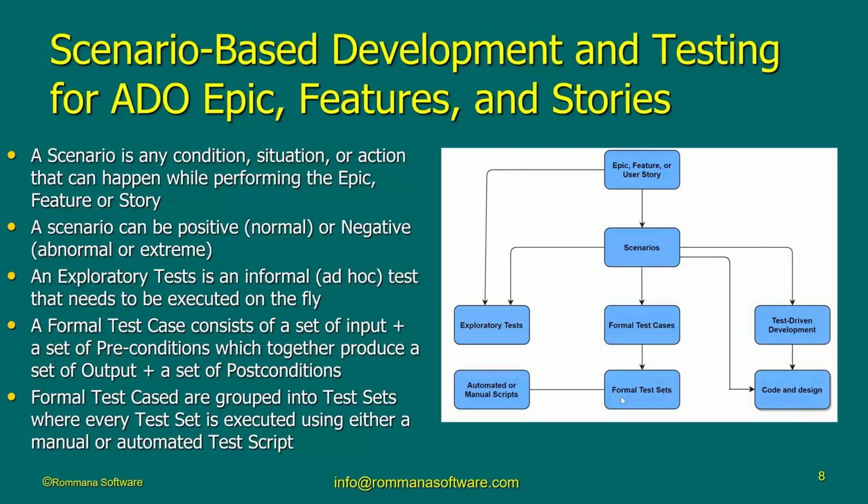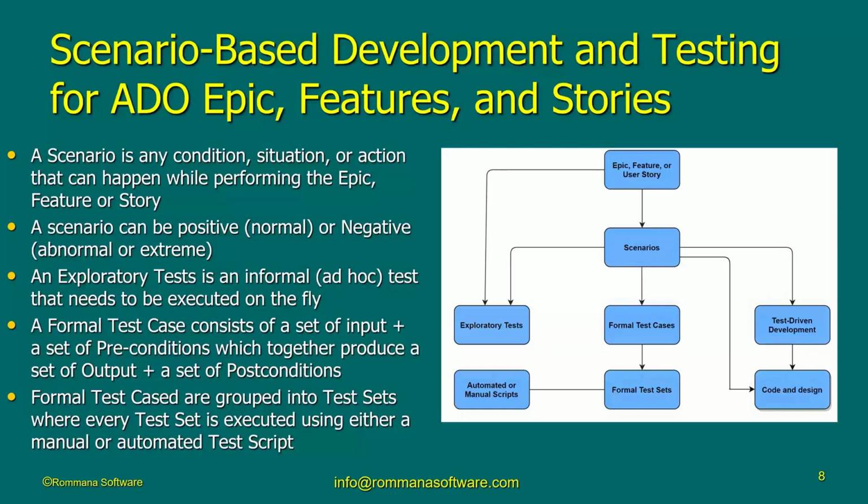Once you have a test set, you can start writing your scripts, whether automated or manual. If they are automated scripts, you run them through one of the available test tools, and Rommana ALM integrates with QTP and Selenium, and we're working on integrating with other tools.